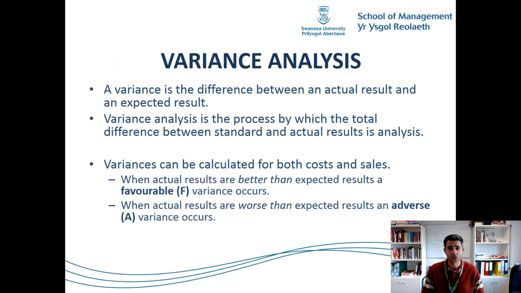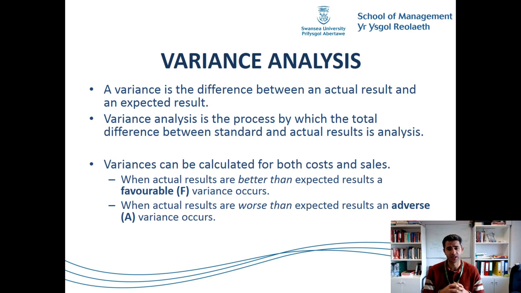variances. So if you remember last week we introduced the standard cost variance analysis, and we did mention the variance is the difference between the actual results and the budgeted results. If the result is good for the business, in favor, that's called favorable.